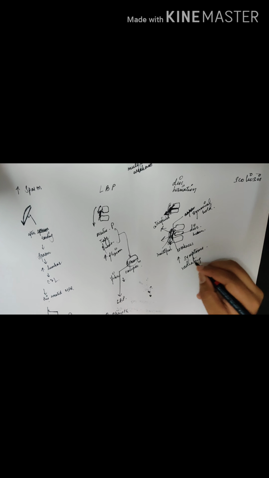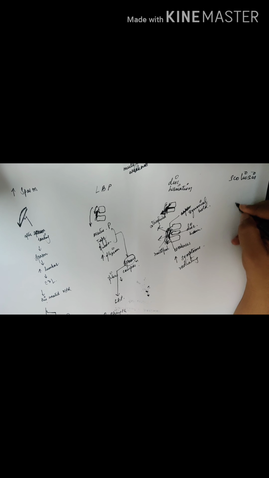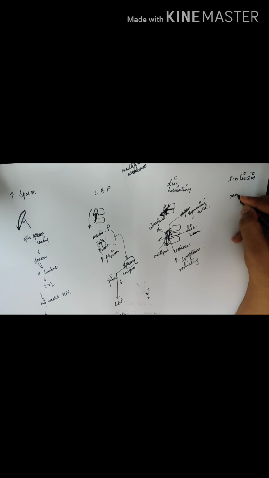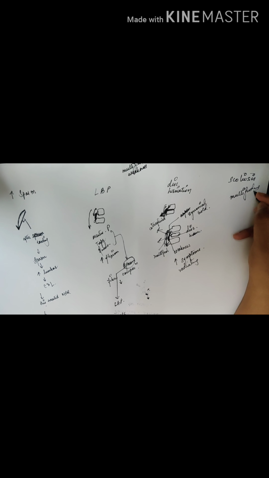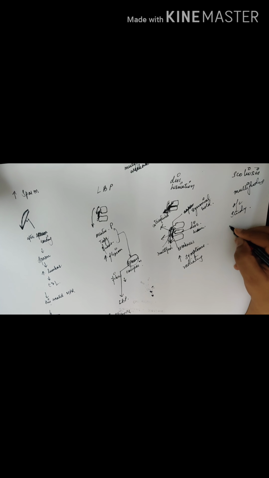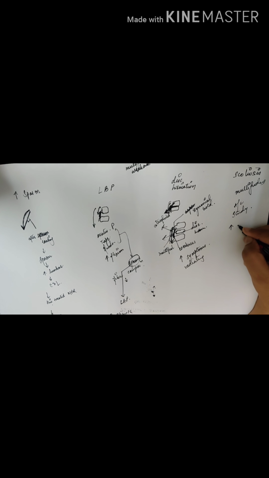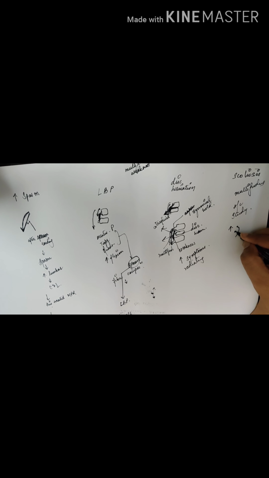Now moving on to scoliosis, I would like to bring to note that the multifidus muscle is not a leading cause of scoliosis, but according to studies, the multifidus muscle activity is increased on the concave side of the scoliosis.